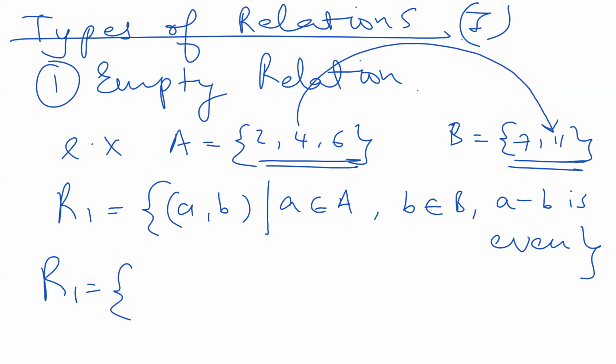(4, 11), will this be an ordered pair? The answer is no, because the difference is not even. Likewise, (6, 7), the difference is -1, and (6, 11), the difference is -5. It's not even. So will you tell me, guys, will there be any ordered pair in relation R1?